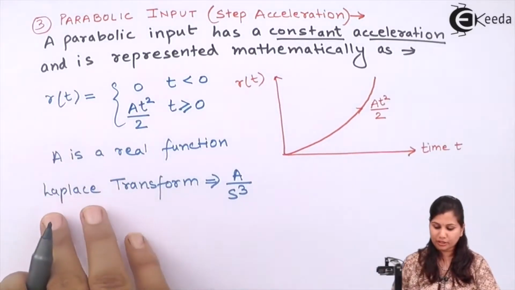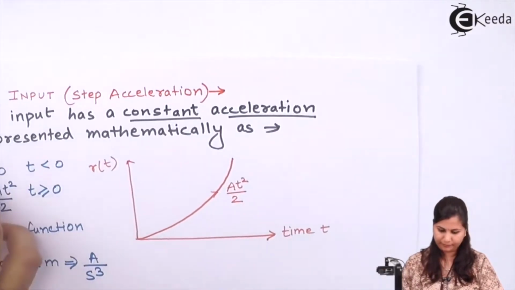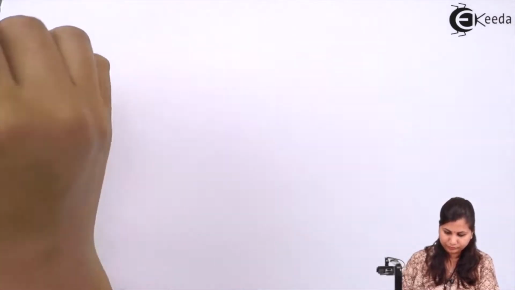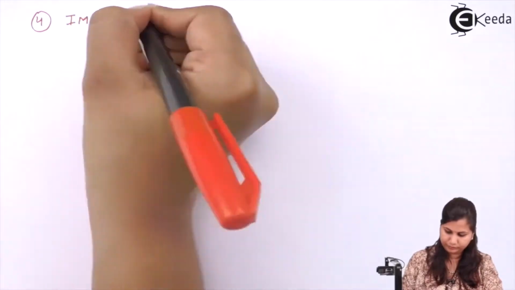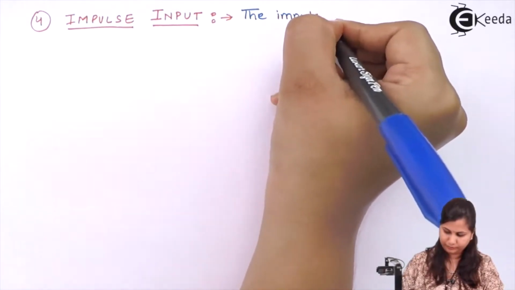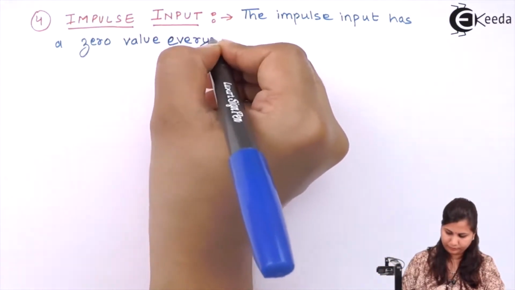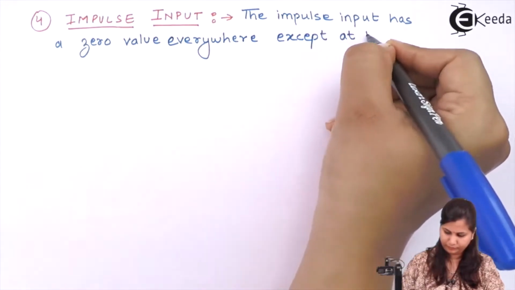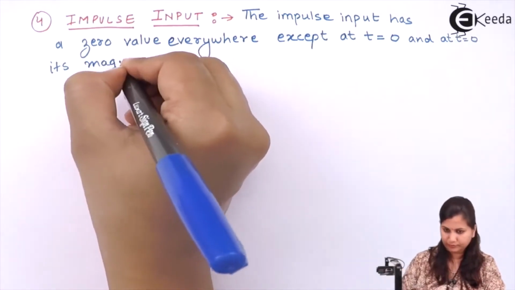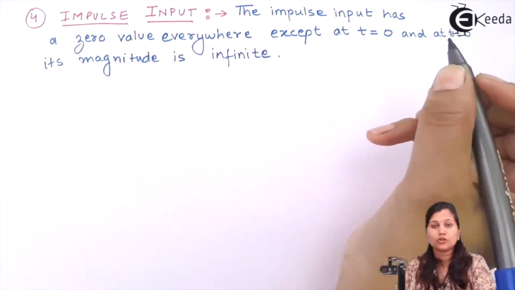We have studied three inputs here. Now the fourth input is the impulse input.